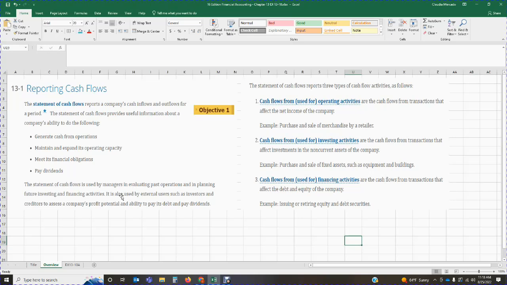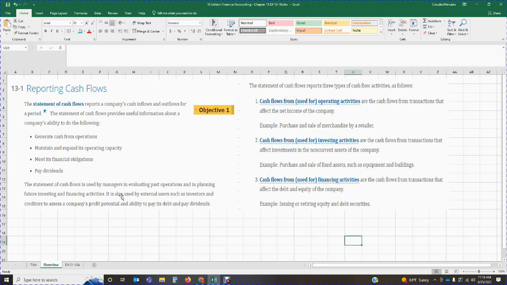The second section deals with cash flows from investing activities, and these are the cash flows from transactions that affect investments in the non-current assets of the company. These include examples of purchasing or selling any fixed assets such as equipment and buildings. And then we have the cash flows from financing activities, and these are the cash flows from transactions that affect the debt and the equity of the company. Examples include issuing or retiring equity and debt securities.